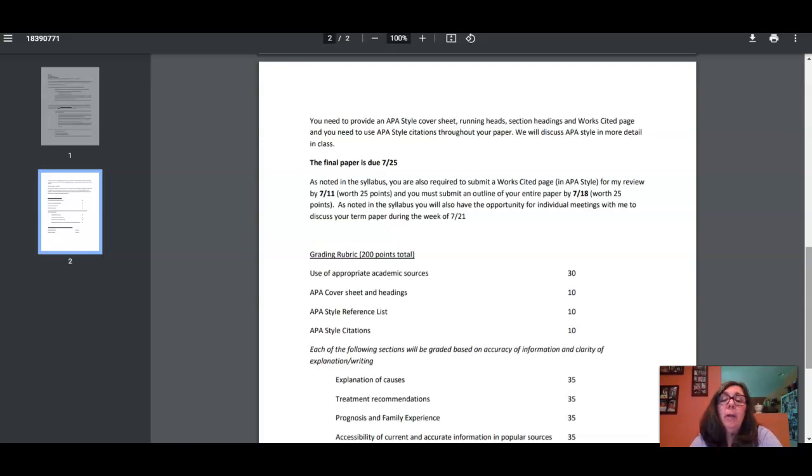By the 18th of July, you're going to give me an outline. I'm not giving you a requirement for what that outline should look like, but it should be detailed enough that I can see that you have all 4 sections there, and enough bulleted detail within each section that I can see that you're on the right track.